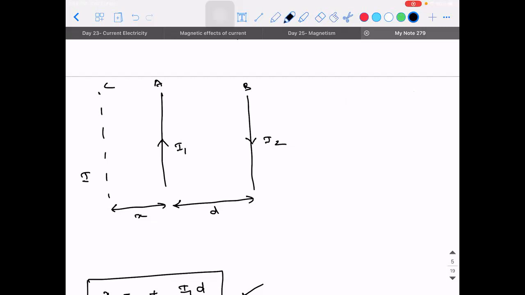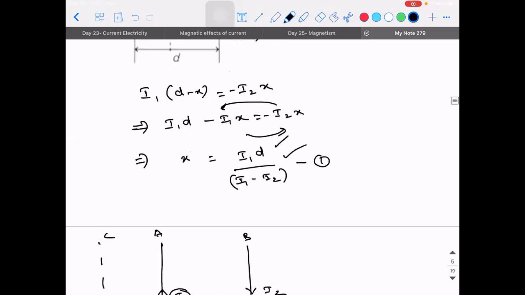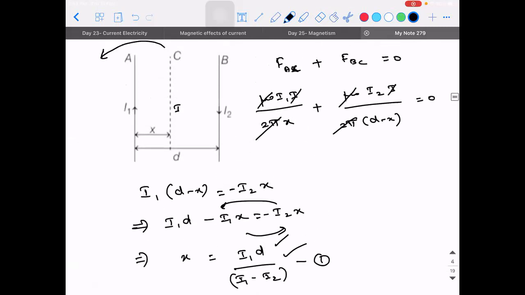See, listen. So what is going to be the direction of magnetic field due to the first conductor at point C? Let us try to understand it like this. Forget about this I. Due to I1, what is the direction of magnetic field at point C?